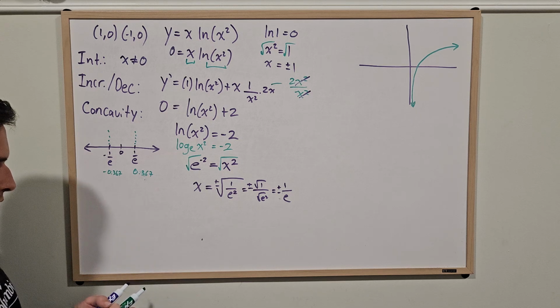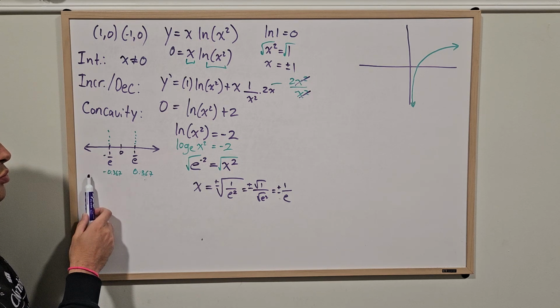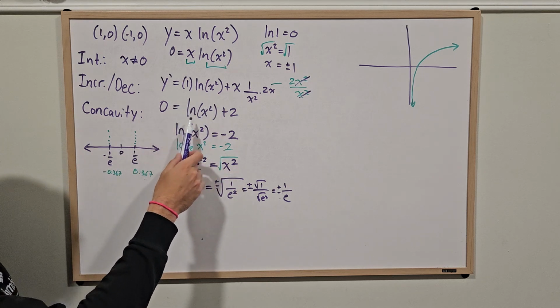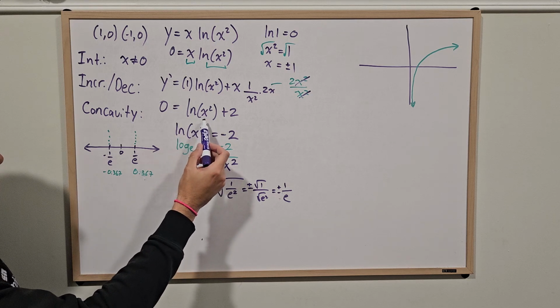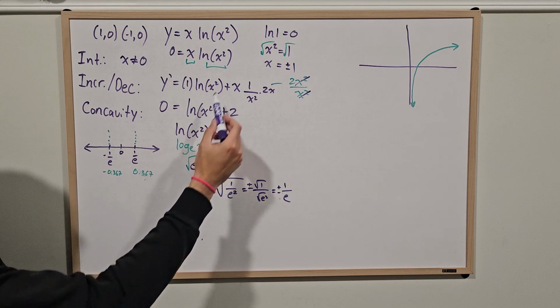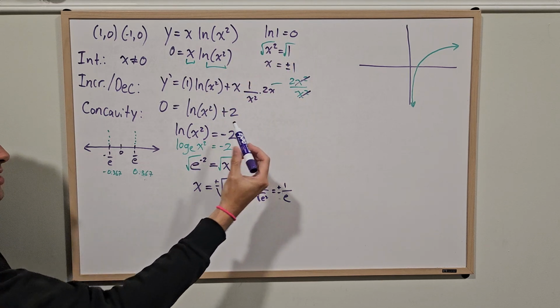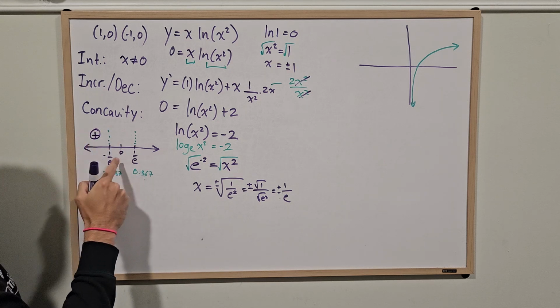And so we have to put in a value that comes before this. So I'm just going to go ahead and plug in negative 1 into my first derivative here. Okay? If I plug in negative 1 here, I'm just going to have ln of 1, which we know is 0 from up here. That's going to be plus 2. That's going to be a positive value. Okay? So we have an interval of increase on this side.